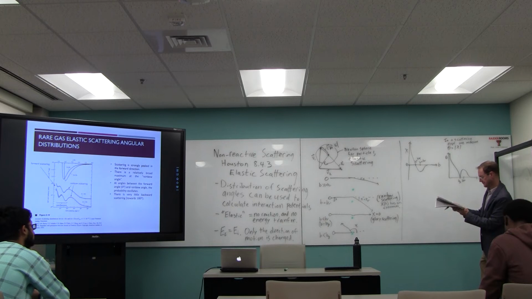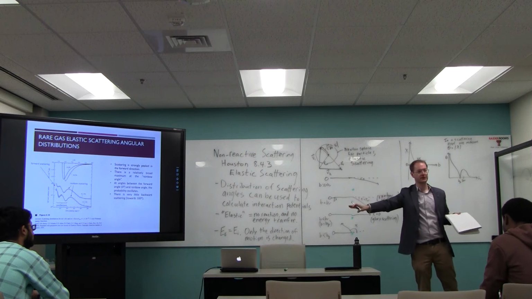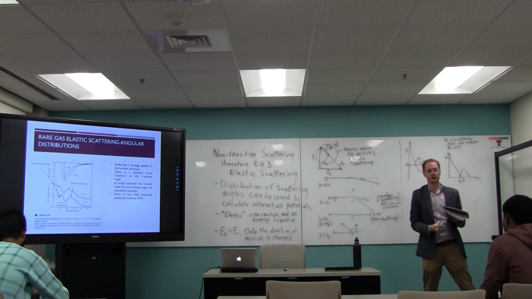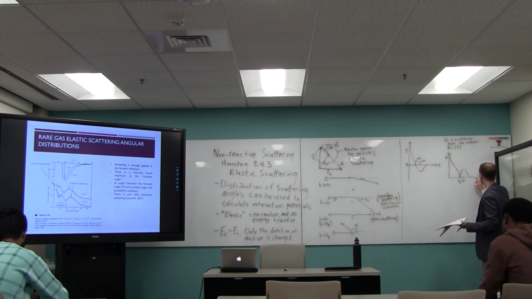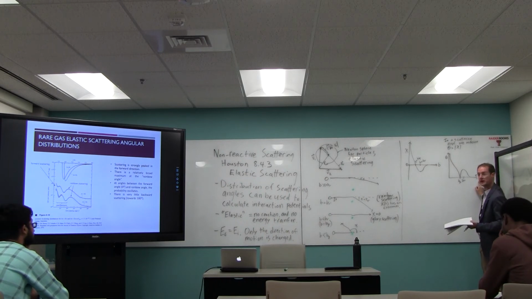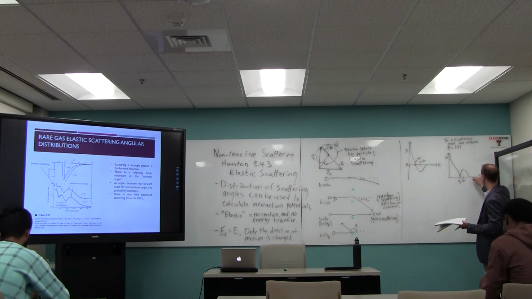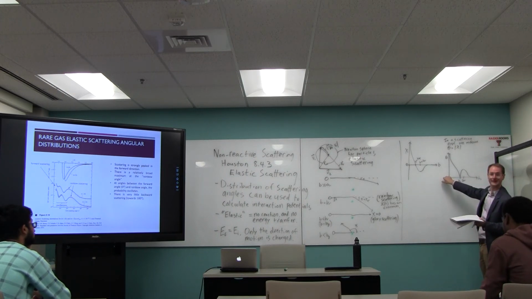And so now let's think about, what are the probabilities of scattering with these different angles? In order to determine the probability of a certain angle, basically, you have to say, okay, every impact parameter is going to be equally likely in the experiment. So how many impact parameters basically lead to the same theta?